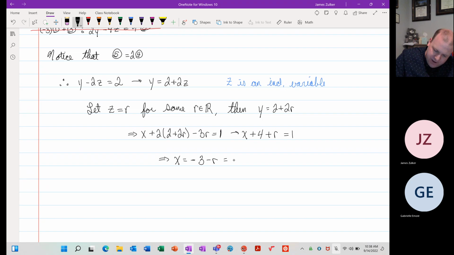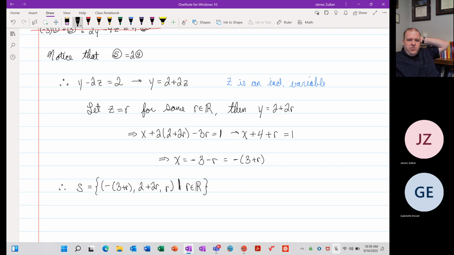Or if you wanted to, you could write it as negative quantity 3 plus r. Therefore, our solution set is the set of all ordered triples, negative quantity 3 plus r, then 2 plus 2r and r, such that r is any real number. So r is some arbitrarily chosen real number.